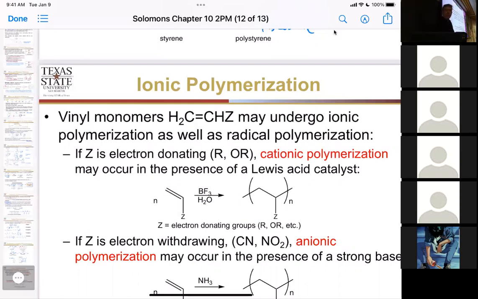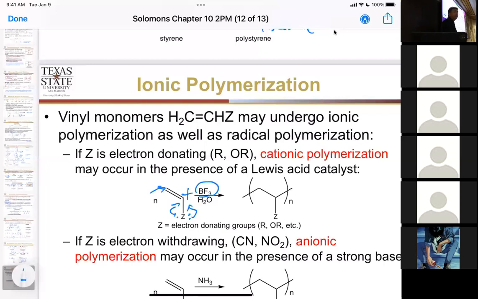So what happens here is we have a Lewis acid that's going to interact and give us a cation right here, and something's going to attack it here and give us a cation. Now, if we have groups that have lone pairs, that'll help stabilize that cation, and it's going to be more stable than just a secondary cation.